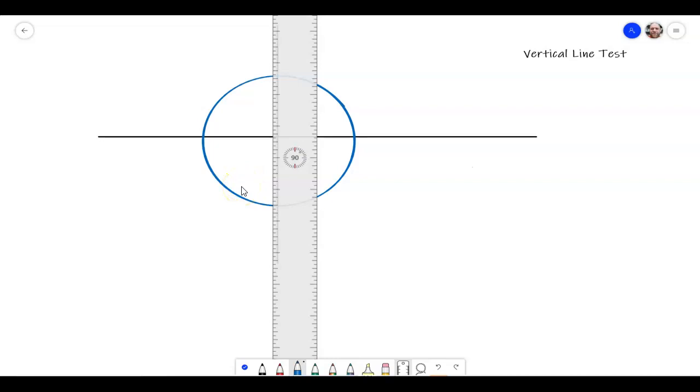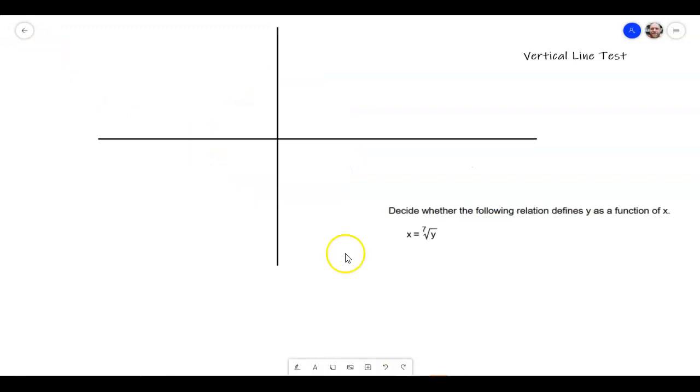Alright, now let's take a look at a few specific examples here. Okay, so this one says here, decide whether the following relation defines y as a function of x. So is this a function? Now, just looking at it, it's pretty hard to tell. Like, I can't look at this and decide whether or not that's a function or not. We have to do a little bit of manipulation.